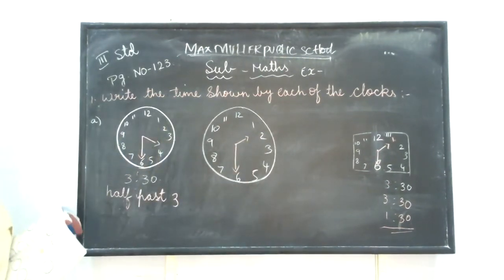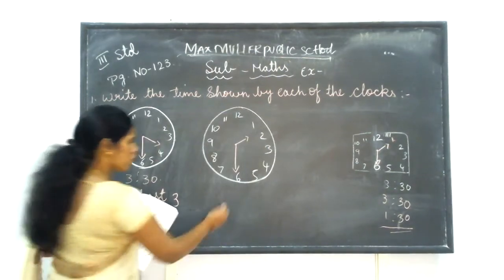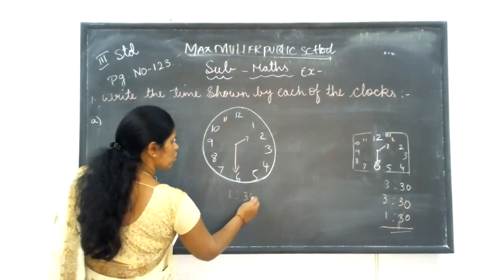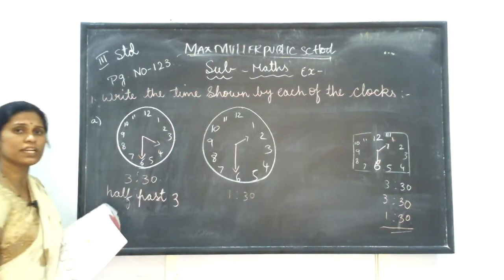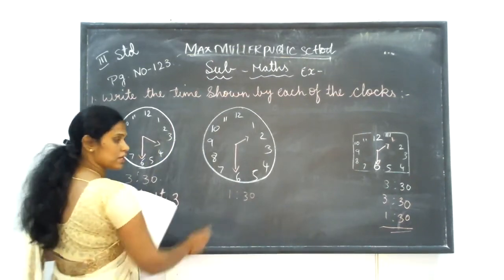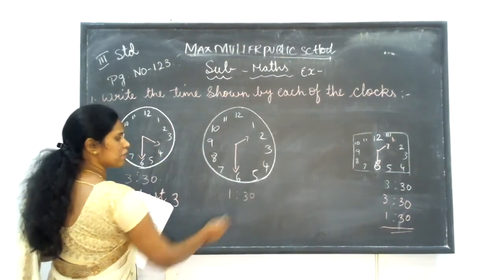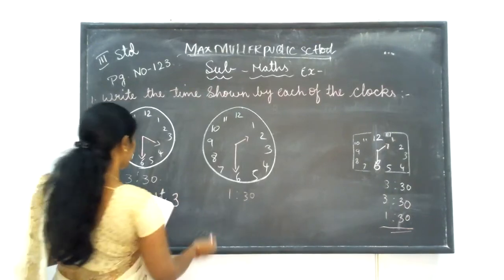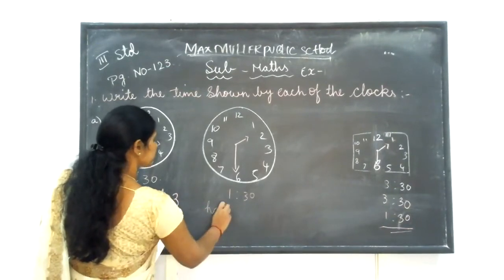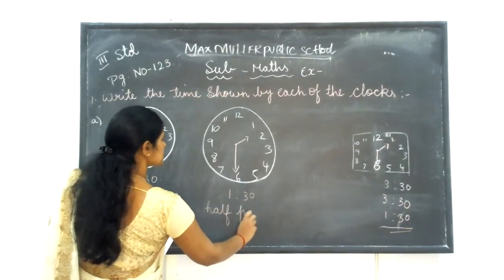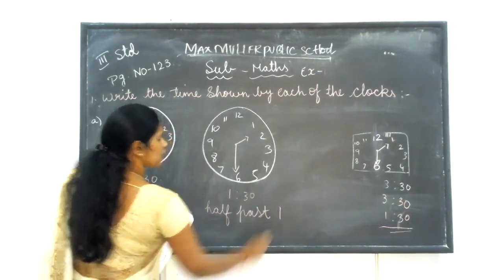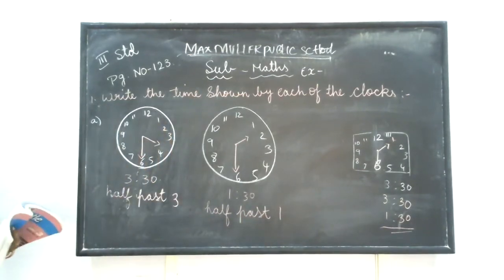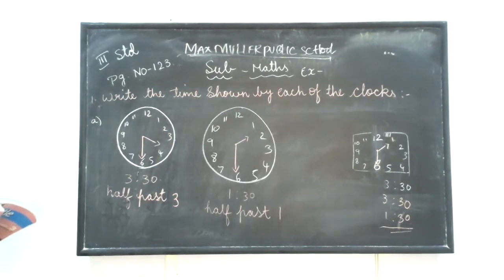So, what is that time now? It is 1:30. How will you write this in words? This is in numbers, you will write 1:30 in numbers. The other way you have to write is half past one. Half past means half an hour finished.